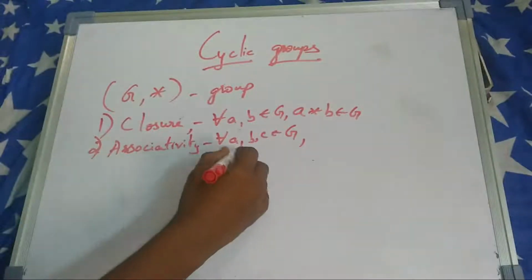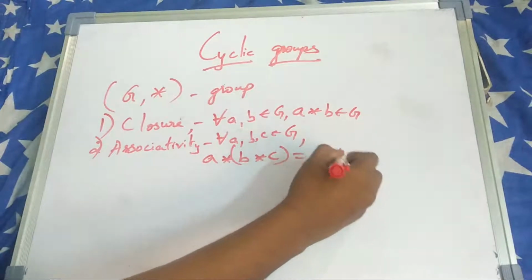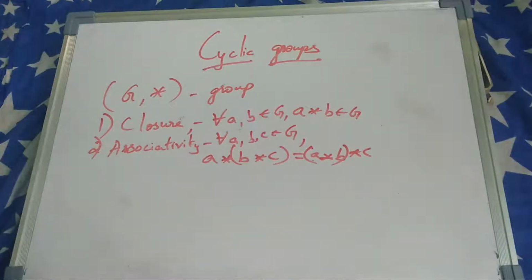Associativity, that is, given any A comma B comma C in G, A star B star C equal to A star B star C. That is, operating any way doesn't matter.